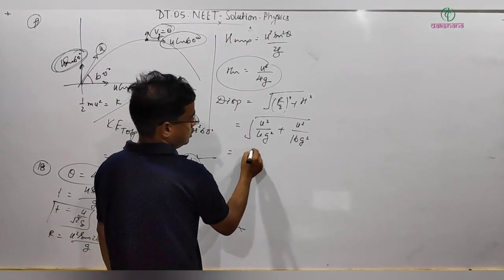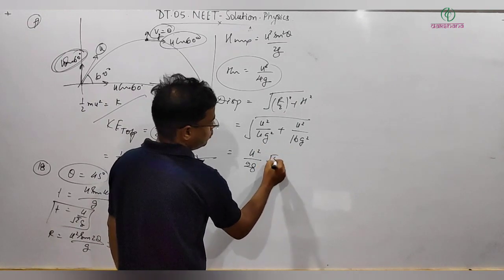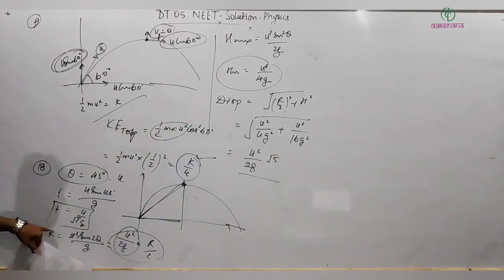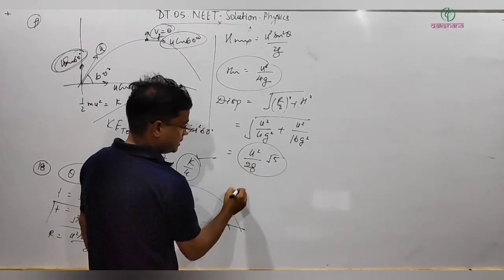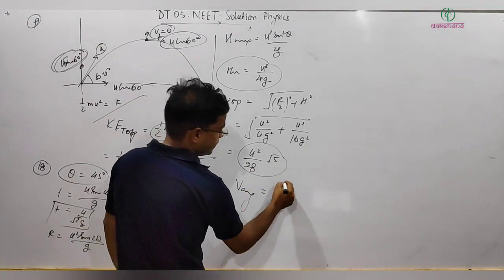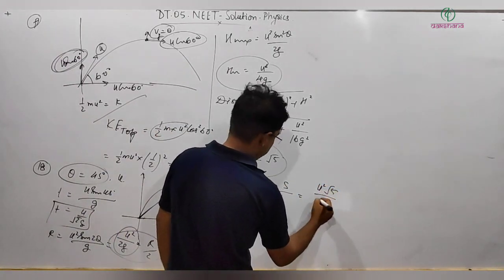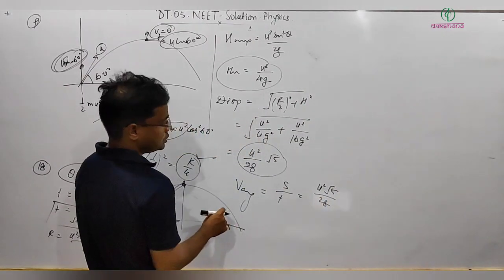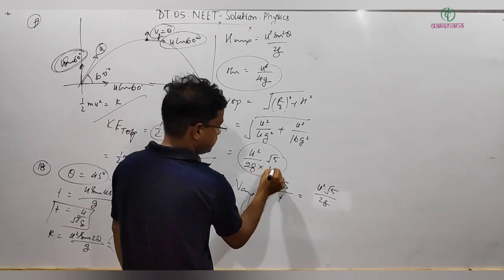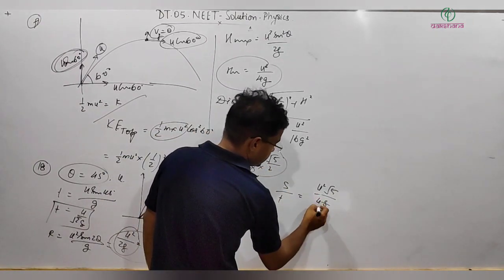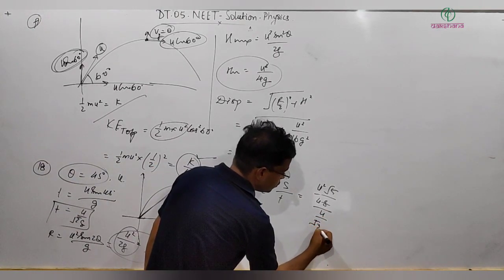So this is u square by 2g, and this is under root 5, divided by time, that is u by root 2g. So this is total displacement. Then v average will be s divided by time, that is equal to u square root 5 divided by 2g, not 2g, taking LCM, multiplied by 1 more 2, so it will be 4g, divided by time, u by root 2 into g.